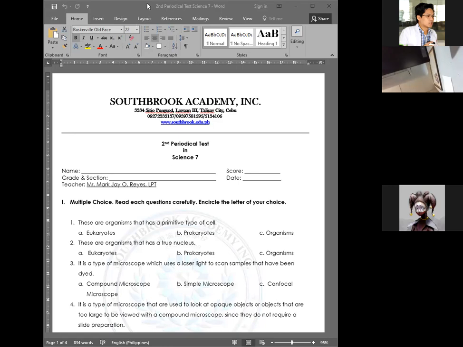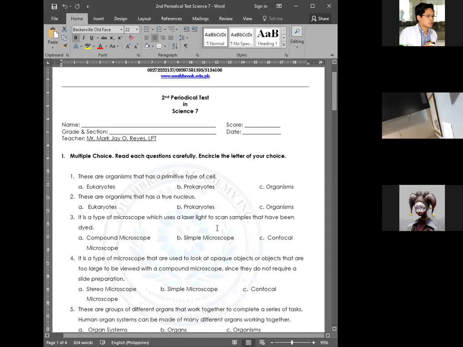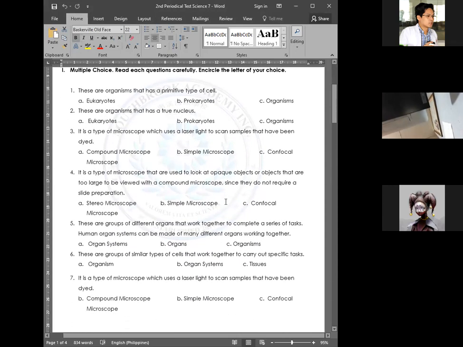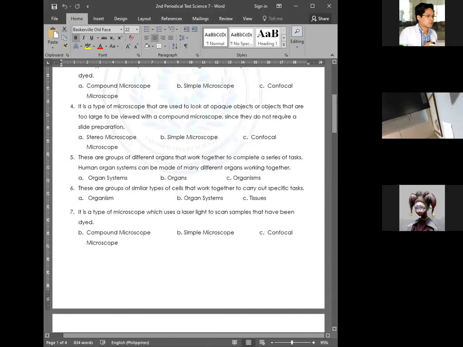Can you see my shared screen now? Yes. Okay, this is your second critical test.